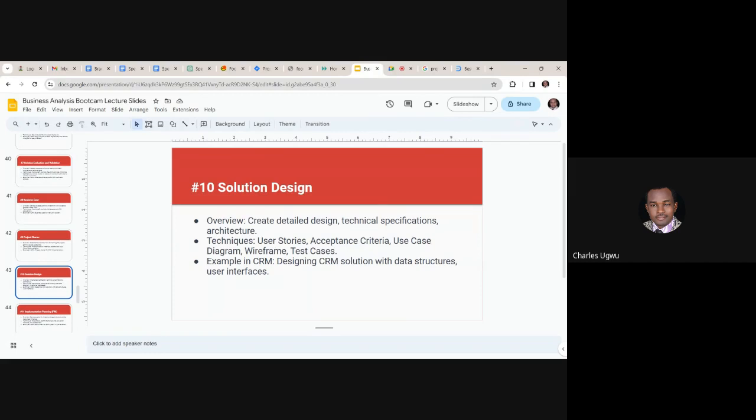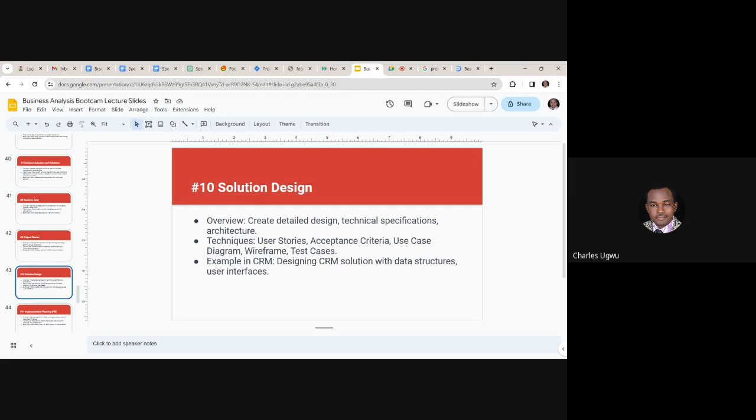In future, we're going to deal with user stories. You need to understand user stories very well. It's something you cannot run away from. And acceptance criteria, use cases, wireframes, all these things, you must learn how to do very well. We are going to do it. So in CRM, you need to design a CRM solution with the data structure and the user interface.